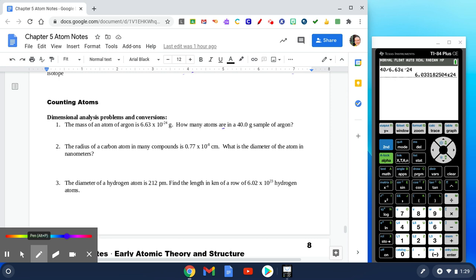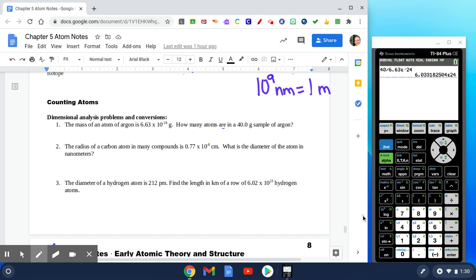You've got a couple ways you can do this. You can remember the ladder and how far centimeters are from nanometers, or you can remember that for every 10 to the 9th nanometers, there is 1 meter. So every 10 to the 9th nanometers is the same thing as 1 meter.